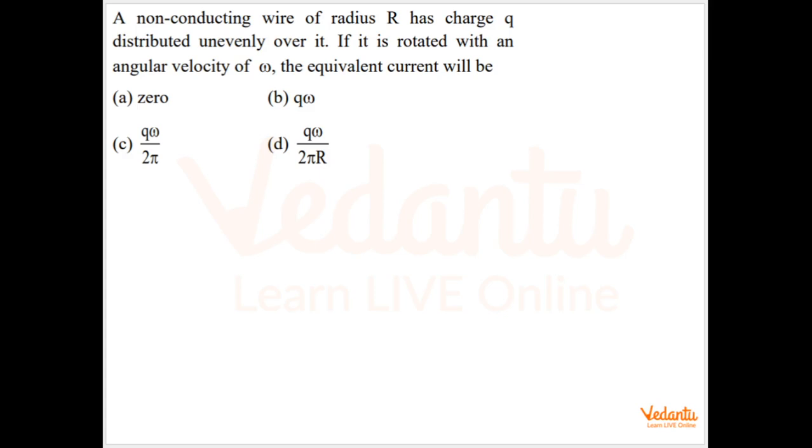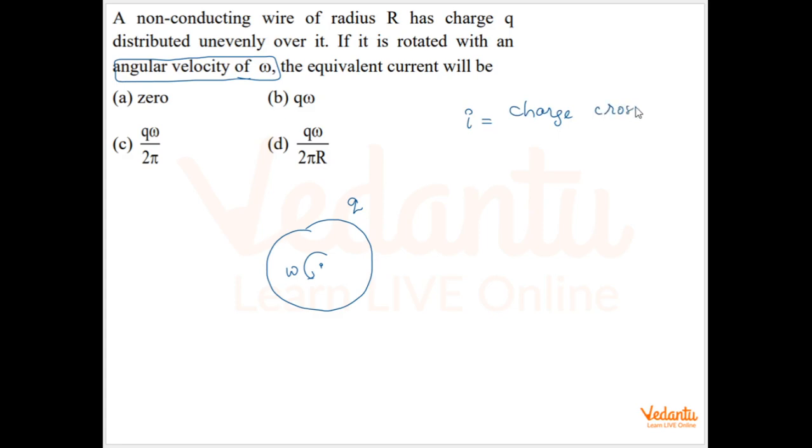In this question, my dear bachcha log, there is a non-conducting ring of radius r, which has charge q distributed unevenly over it. It is rotated with an angular velocity of omega. Then we have to find the equivalent current. So once again beta, I will say that current will just be equal to charge crossing per unit time.